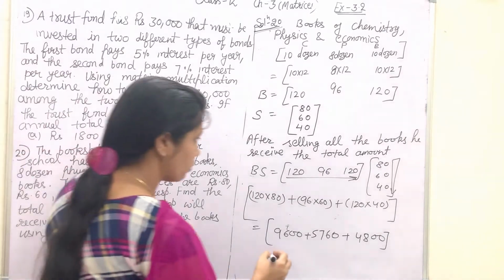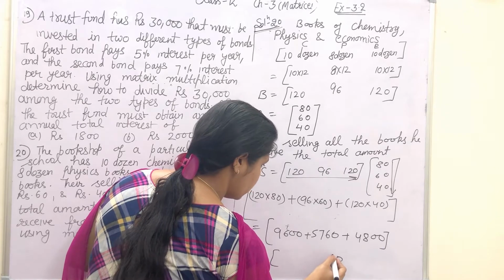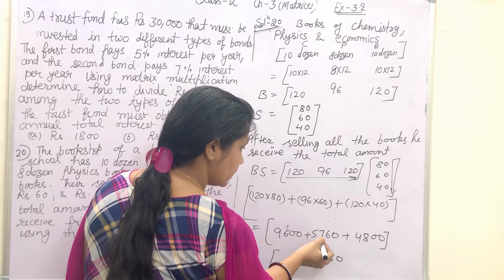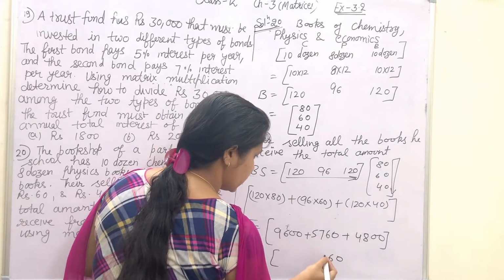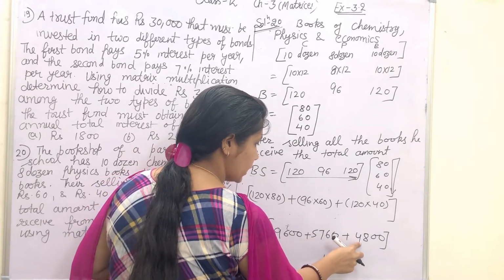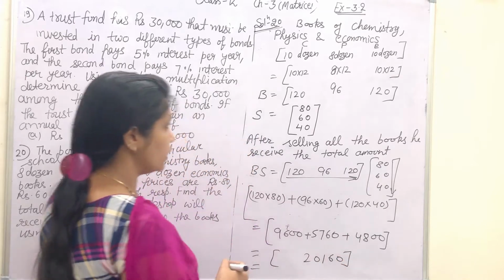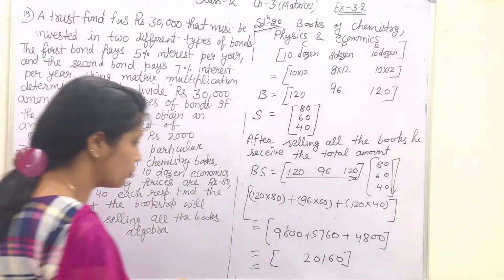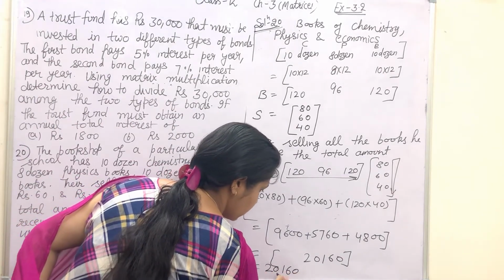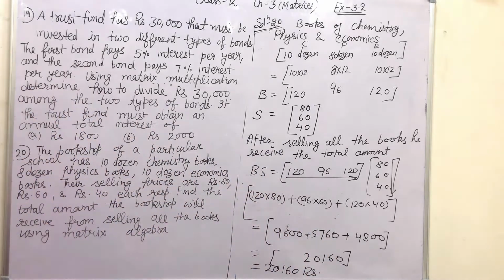So now after calculating 0, 6, here is 6, 7, 13 plus 8, 21, 9, 5, 14, 14 plus 4, 18 and 2 is 20. So after selling all the books, he received the total amount of rupees 20,160 rupees. This is the solution of our question number 20.